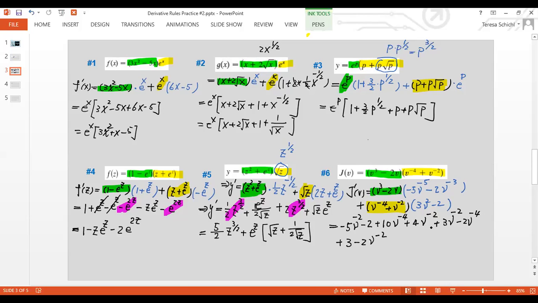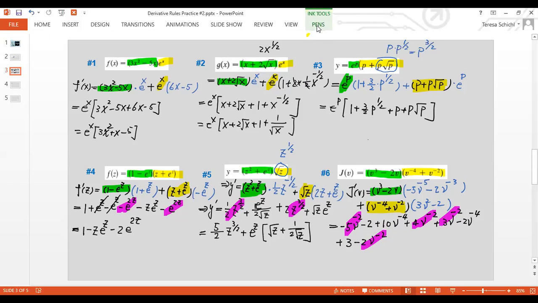So let's see anything I can combine here. Okay, so I do have some good things to combine, right? So the -2, -2, -2, -2. All right, so the -2, -2, -2, so it's a 7, and it's -7. Oh, it's a cancel.